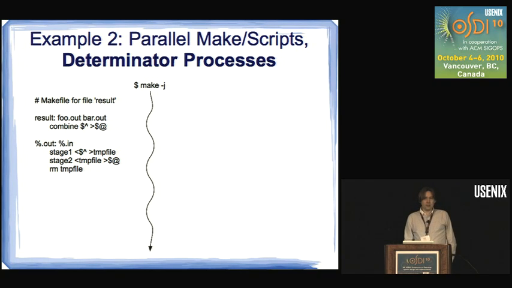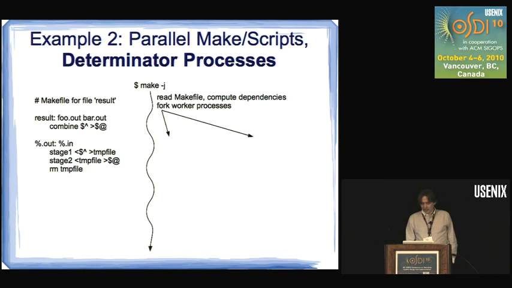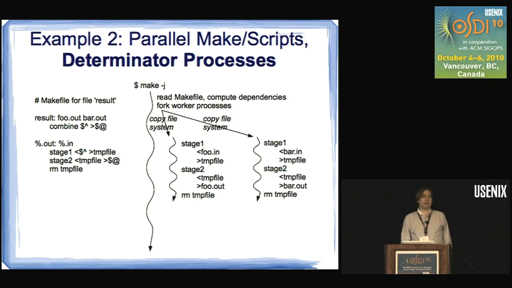But what about if you run the same make -j with this check-in check-out model? In this case, when make forks the two processes, they each get separate complete copies of the file system, and of course each of them is still reading and writing its temporary file, but only in its local working copy of the file system.